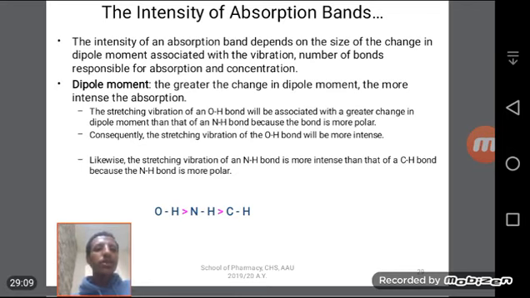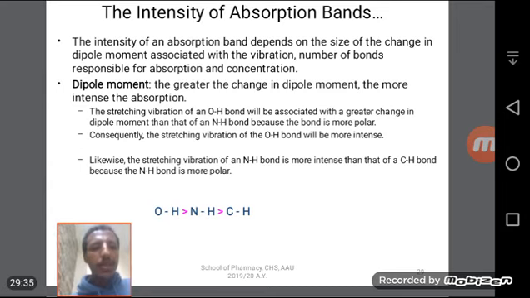Also, the concentration of the analyte, or of the interacting bonds responsible for the absorption of IR radiation, affects the wave numbers of the vibrating molecule. Dipole moment: the greater the change in dipole moment, the more intense the absorption.